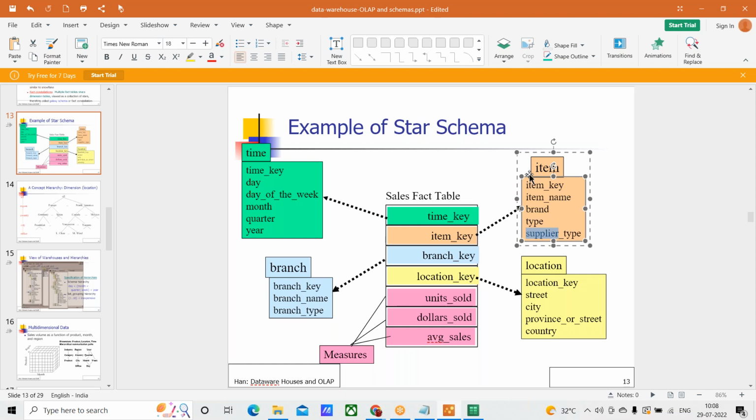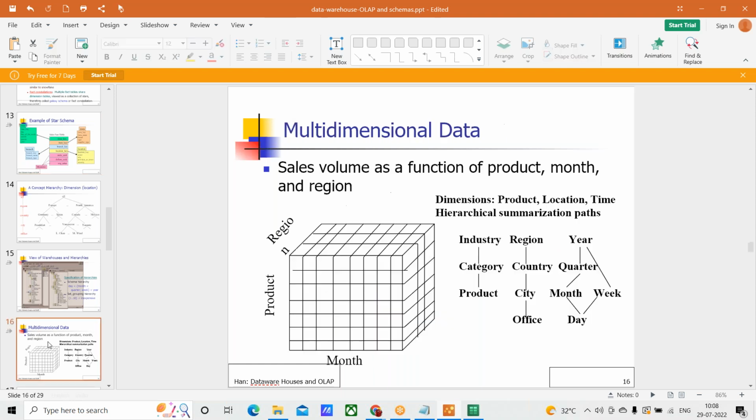Some customers want to report at a particular dimension. Here you said item will be divided into supplier, so they want to do reporting at the supplier level. For that they want to create a separate dimension so that they can do cube reporting, slice and dice, like that he was telling.